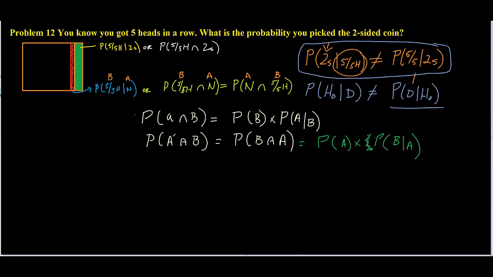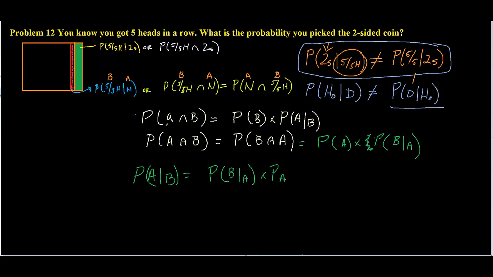Well, since these two things are equivalent, what you get, and this is all Reverend Bayes did, is the probability of A given B equals the probability of B given A times the probability of A.